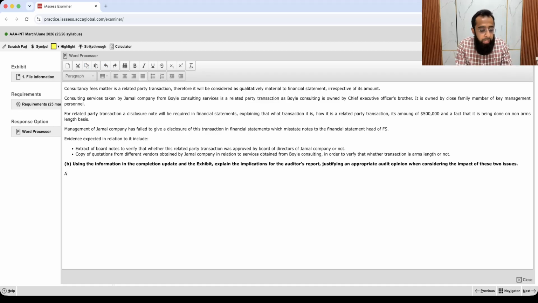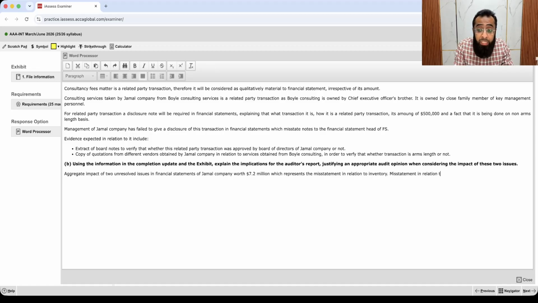Okay. Aggregate impact of two unresolved issues in financial statements of Jamal Company worth $7.2 million, which represents the misstatement in relation to inventory. Okay.